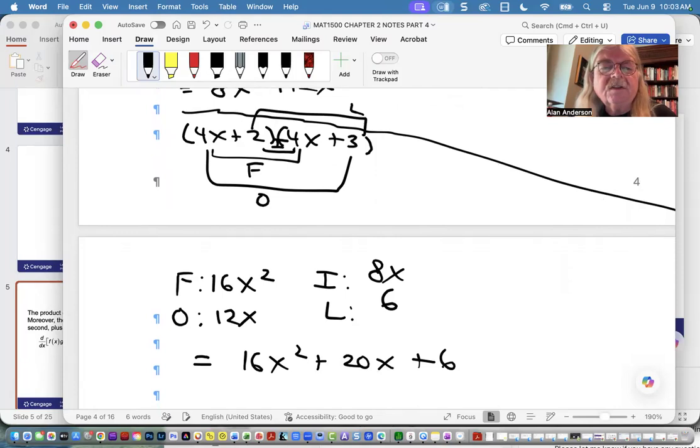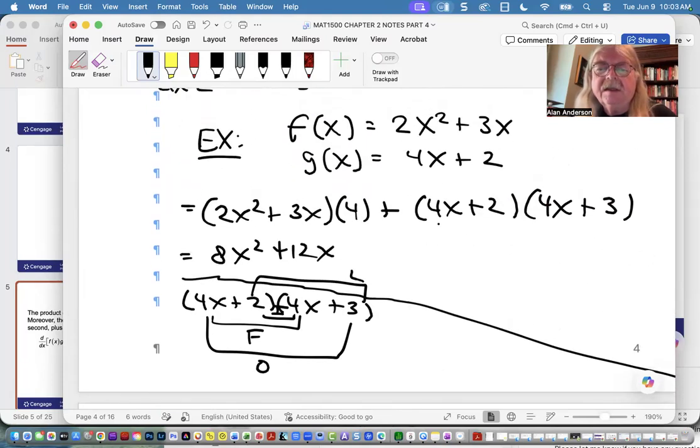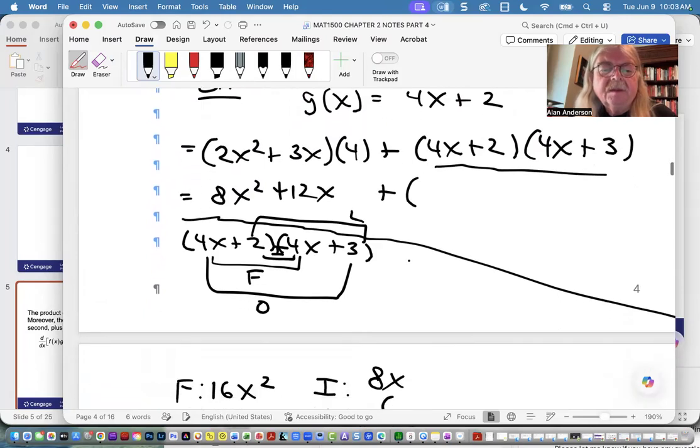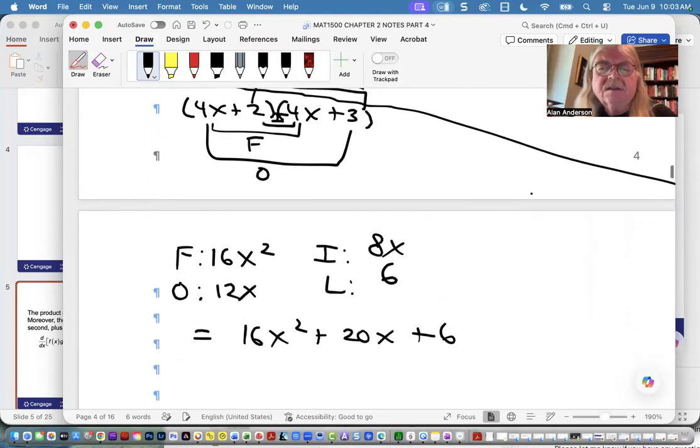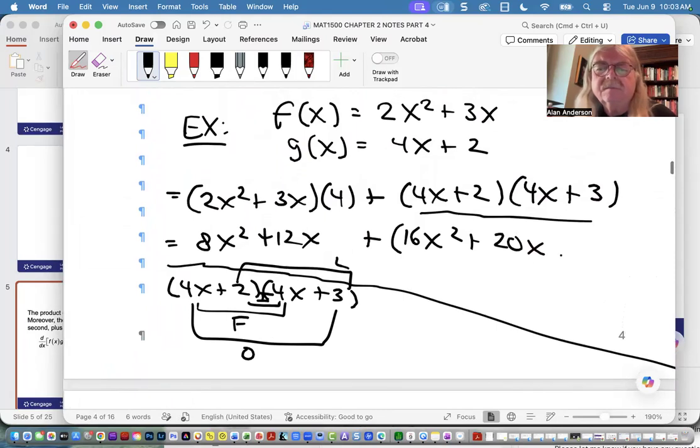And so what you're seeing here is this. We're going to replace that with, once again, 16x squared plus 20x plus 6. And now we just combine the like terms and write it as a single polynomial.